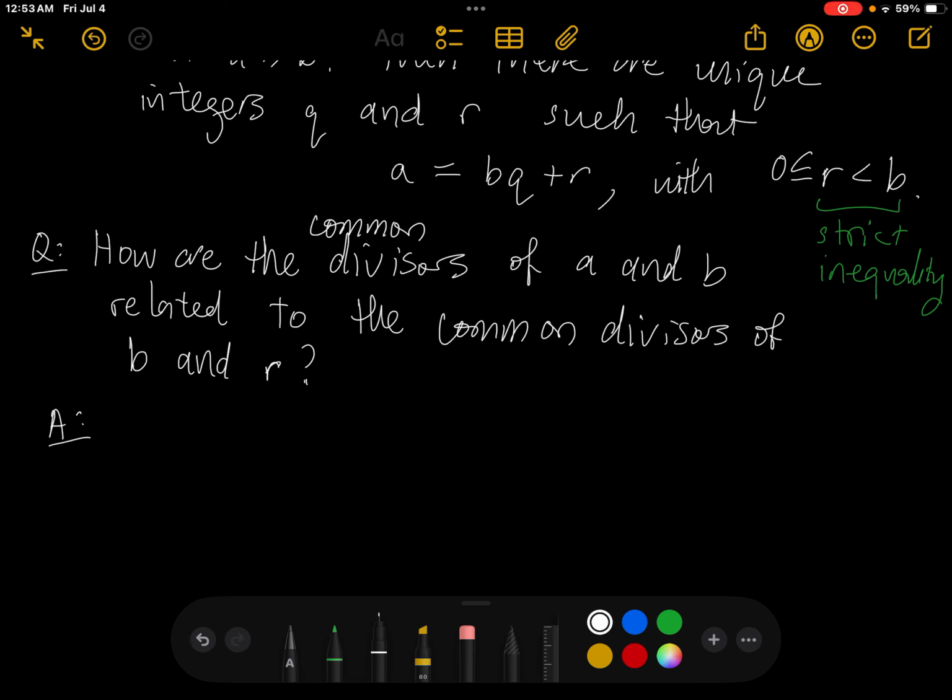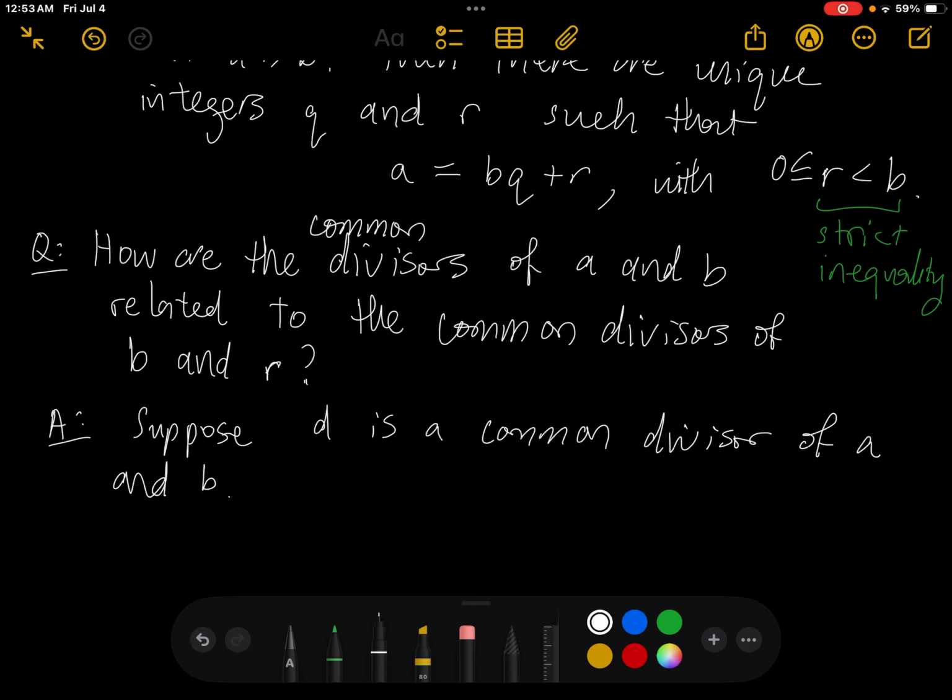Well, let's think about this. Suppose that d is a common divisor of a and b.